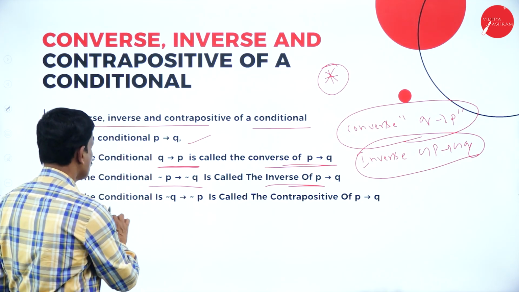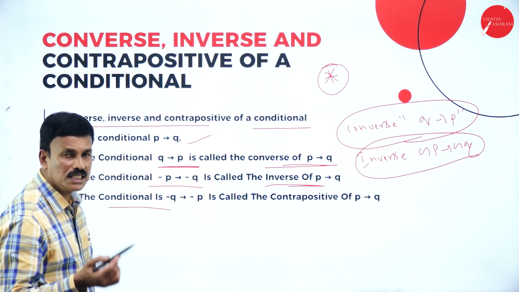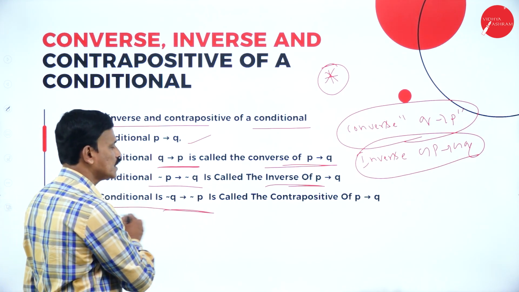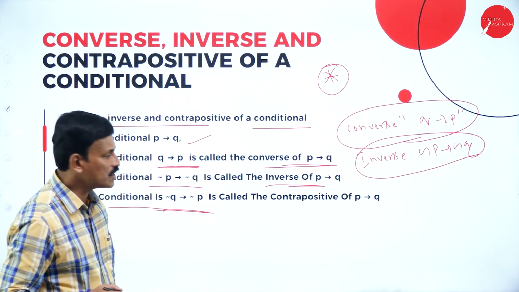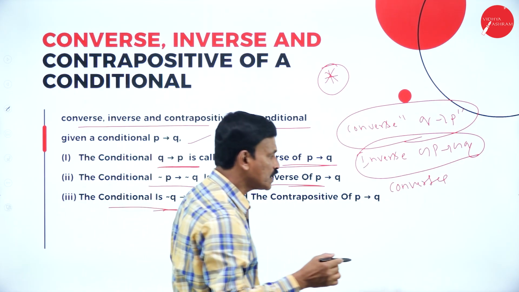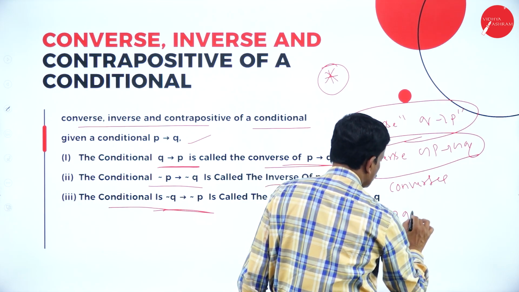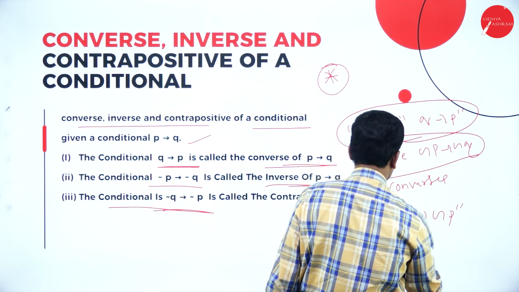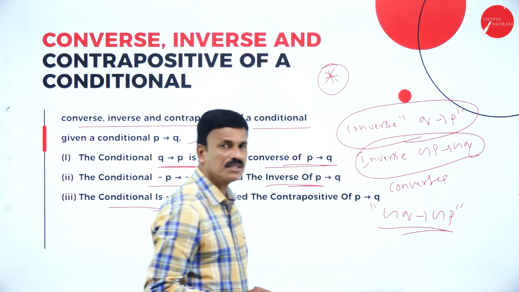And the last one is the contrapositive. So, the conditional negation of Q conditional to negation of P is called the contrapositive for the given conditional statement P conditional to Q. Negation of Q conditional to negation of P is called the contrapositive of the given statement.